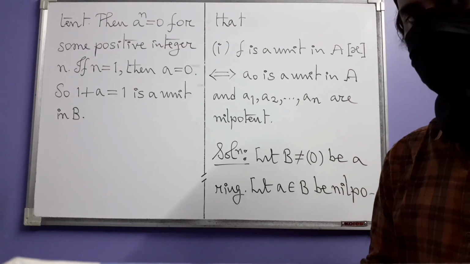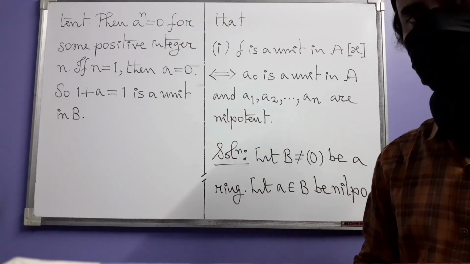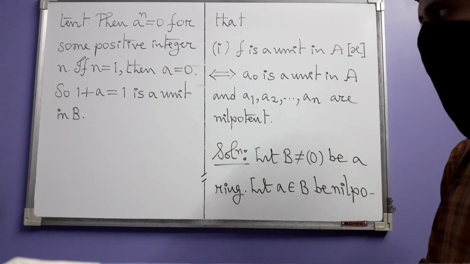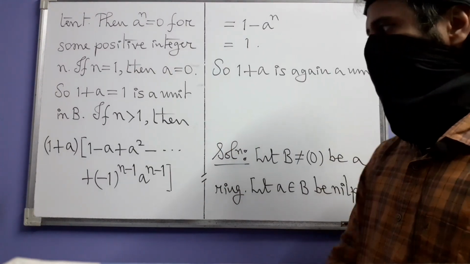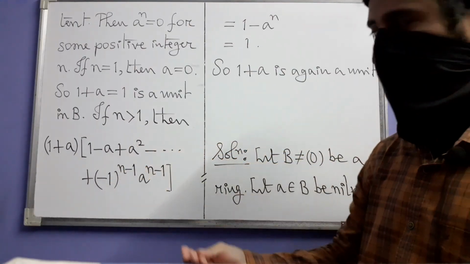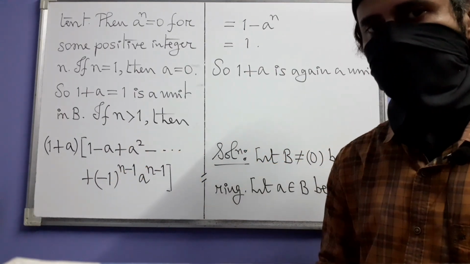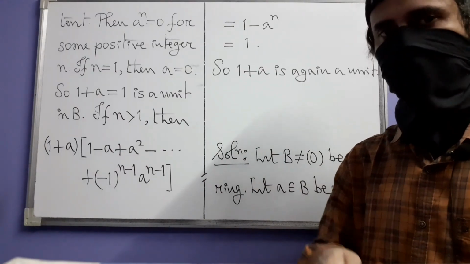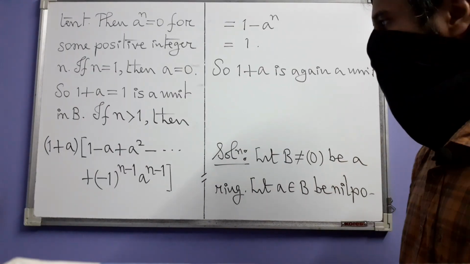But actually it is also true even when the exponent is greater than 1. So that's the next thing we are going to show. So next we consider the case where n is greater than 1. Our exponent has the least value 2 now. I am not saying that it will be 2, but that's the smallest possible value for n now.